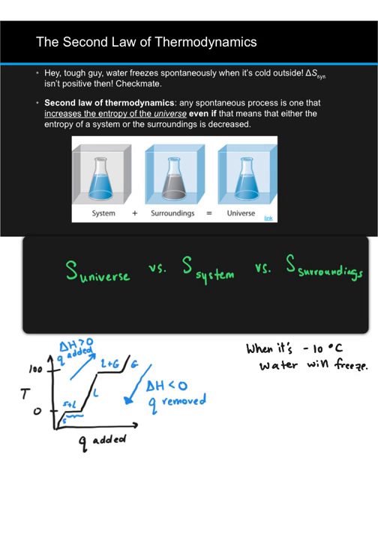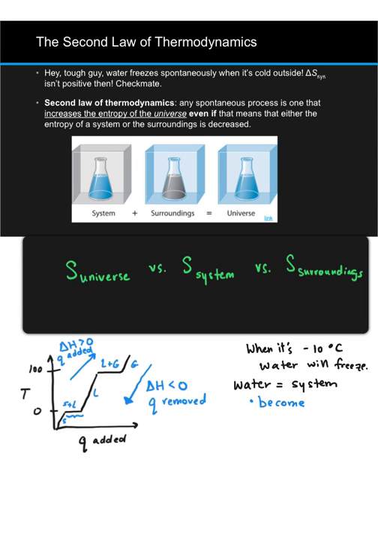Does that mean that the surroundings of our water, or our water itself, have changed their disorder at all? Well, certainly what we can say about the water itself, if water is our system, the thing that we're interested in, is that our water has gone from being liquid to solid, so it has become more ordered.